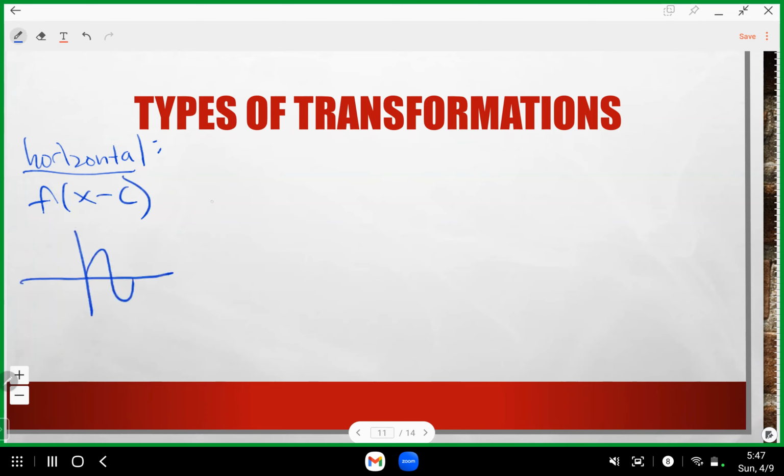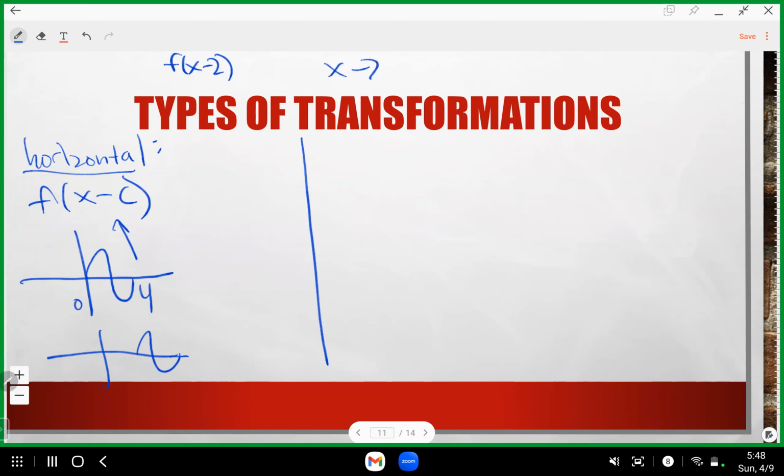So here are a couple of guidelines. Because the change is directly in these parentheses, that means it is directly a domain change, meaning that f of x minus 2 is not going to be moving left by 2, it's going to be moving right by 2. If you look at the domain, let's say the domain is 0 to 4.